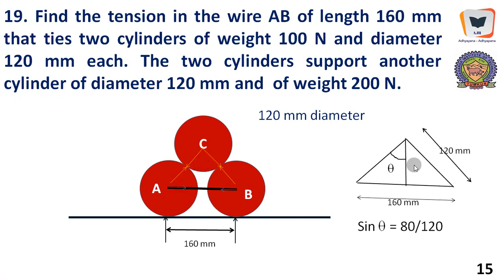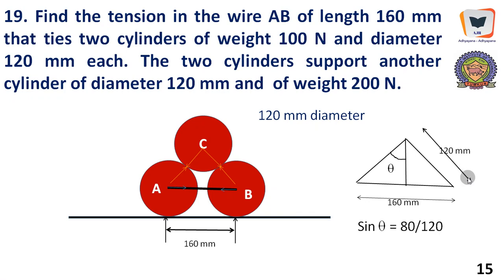So this is the triangle that is being formed over here. This length is 160 millimeter and this is 120 millimeter. 60 is this radius and 60 is this radius. We should always remember, whenever spheres are involved, the touching surfaces of the spheres will experience reactions in a radial direction.